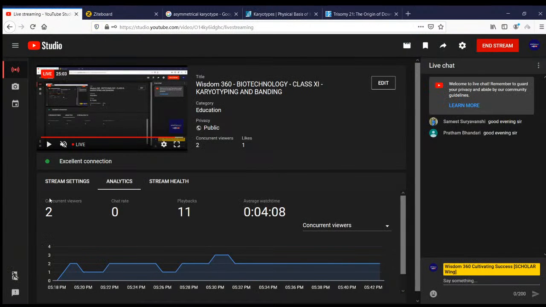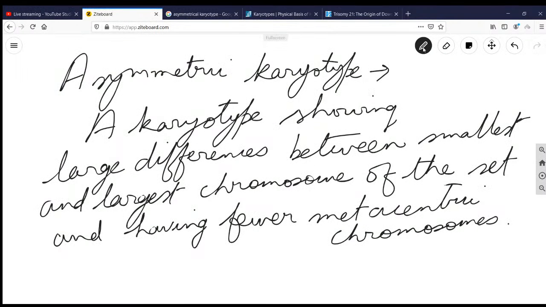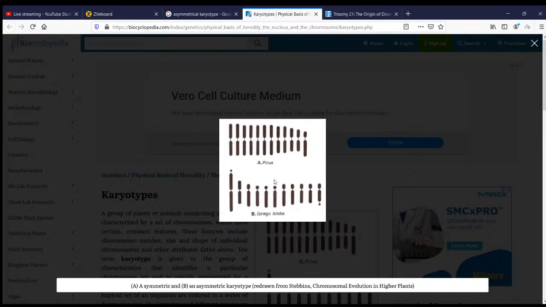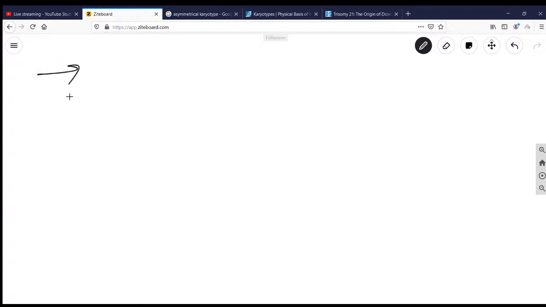Now, can you tell me how this relates to evolution? What I postulate is that asymmetric karyotype, meaning Ginkgo biloba, is more advanced compared to Pinus. That is the NEET question. In one of the NEET papers, 1996 I think, there was a question on this. You can find these questions on various sites also.